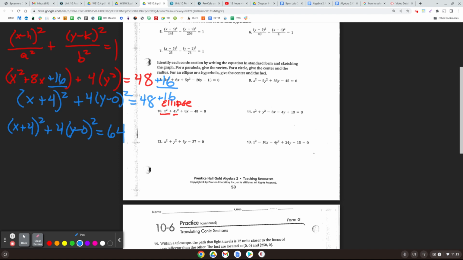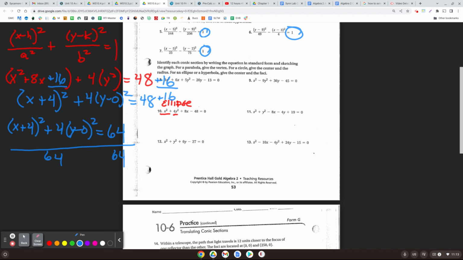Okay. So now what are we going to do? Well, we want it to equal 1, right? So we got to divide everything by 64. So what are you left with? Well, you're left with, that's too big. Hold on. Dang it. This takes forever. I wish I had an undo button on here.